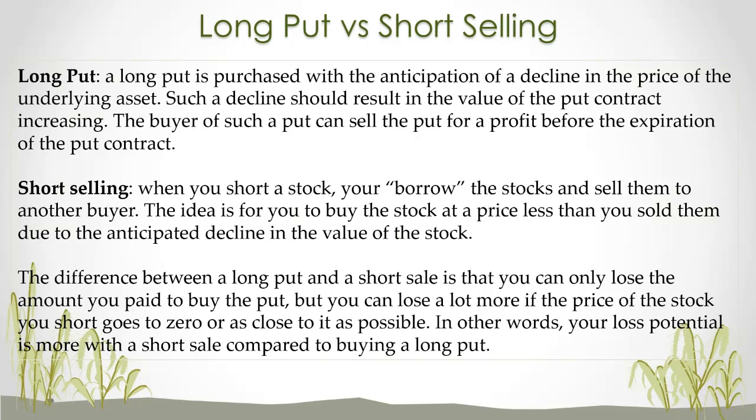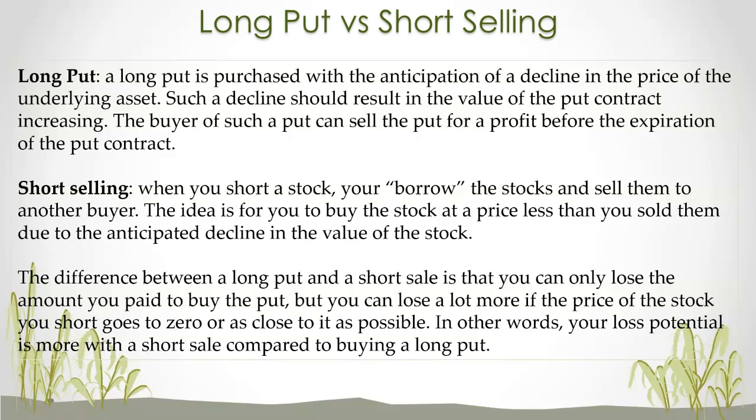And at some point before the expiration of the put contract, you can sell your long put for a premium and cash out. With short selling, however, you borrow, in quotes, the stock from the market and you sell it to another buyer. And the anticipation here is that the price of the underlying asset will be reduced when it's time for you to buy them so that you can return what you borrowed from the market. And herein lies the potential for the profit.